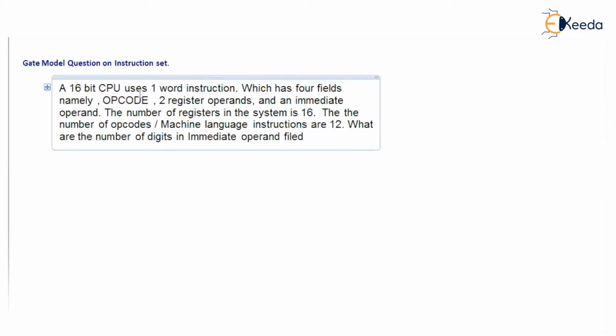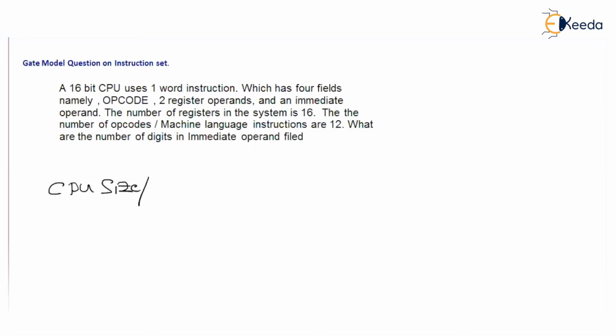That is a 16-bit CPU. So in the very first words itself, we got some information, that is 16-bit CPU. I told you about architecture size. What is architecture size? CPU size or architecture size are one and the same.